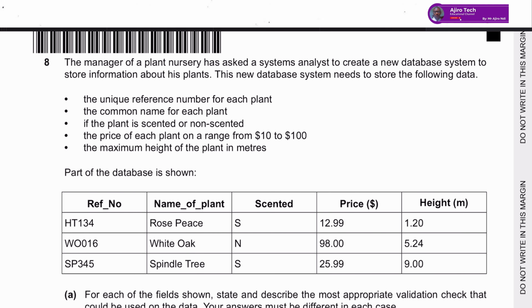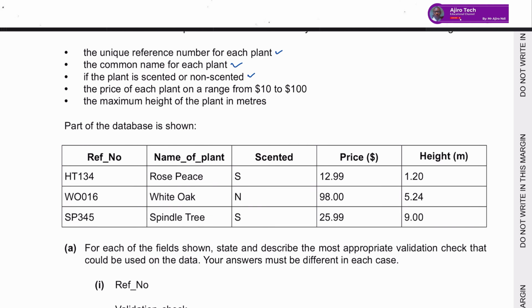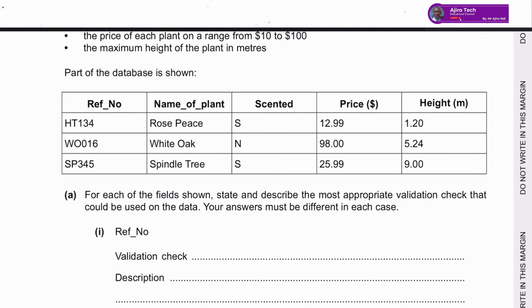We have the unique reference number for each plant, the common name for each plant, if the plant is scented or not scented, the price of each plant on a range from $10 to $100, and the maximum height of the plant. Part of the database is shown. For each of the fields shown, state and describe the most suitable validation check that could be used on the data.